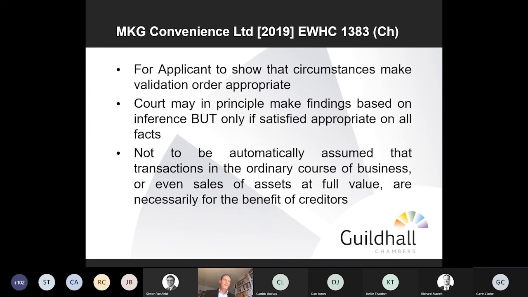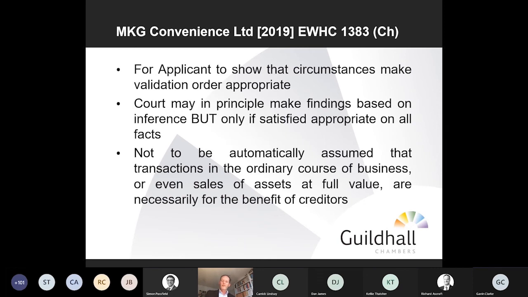So in that scenario, the court did say that in principle, it was willing to make certain findings based on inference, but it needed to be satisfied on all of the facts. It wasn't in this case, and it refused to make the validation order, and it emphasised that it wasn't to be automatically assumed that transactions in the ordinary course of business or even sale of assets at full value are necessarily for the benefit of creditors.